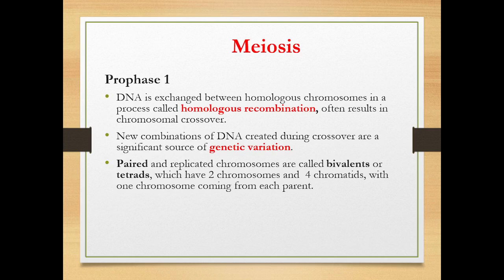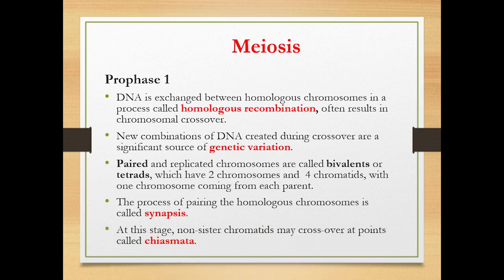And then we have the tetrad, which has 4 chromatids, and this normally takes place at leptotene. Now, the process of pairing the homologous chromosomes is called synapsis. So all this will simply take place at prophase 1. Take note of the definition, synapsis.